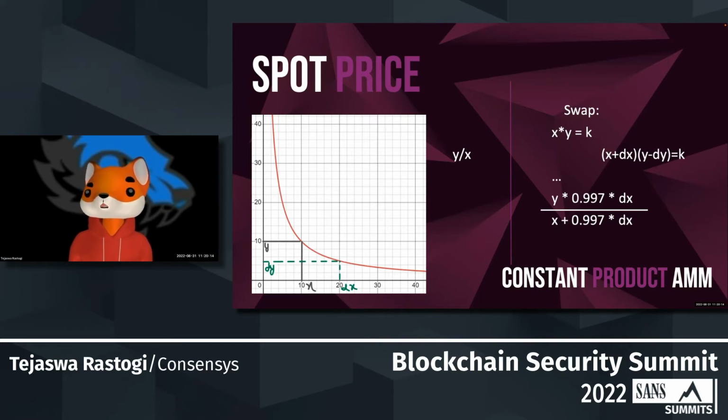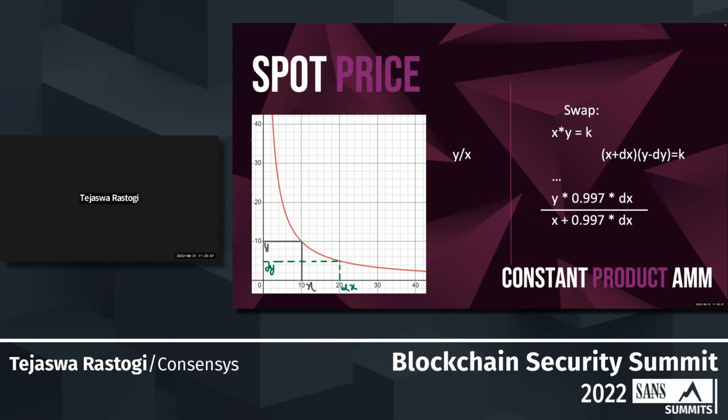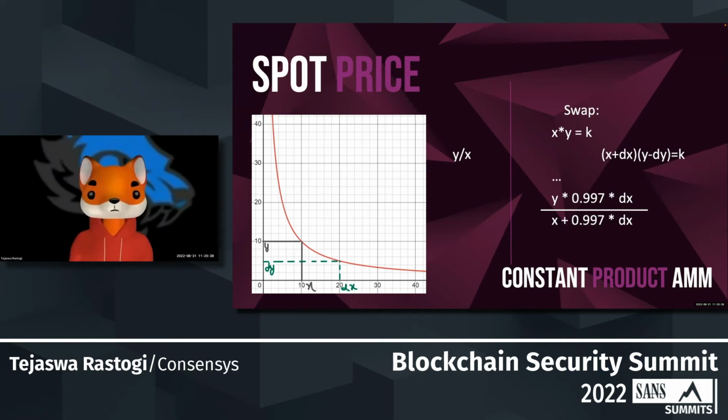So it will be 100 by 2, that is 50 USDC per ETH. We can say 1 ETH costs 50 USDC, correct? Sounds about right.